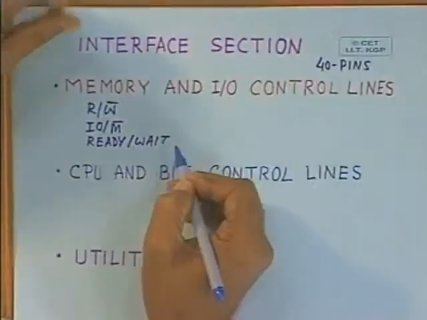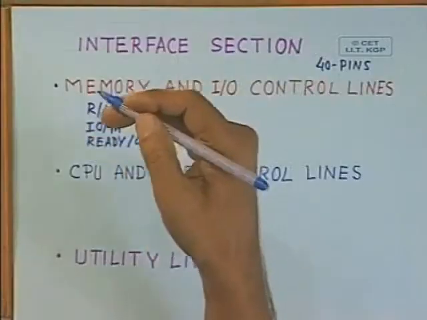So for the purpose of synchronization, some signal is provided, which is an input pin to the microprocessor, known as ready wait. It is used for interfacing slow memory or input output devices. The memory devices need not be fully compatible in speed with the microprocessor. To facilitate that, this pin is used.